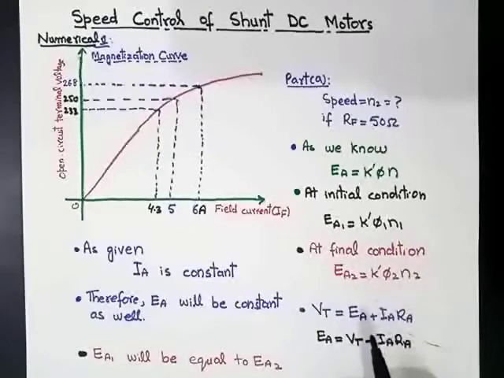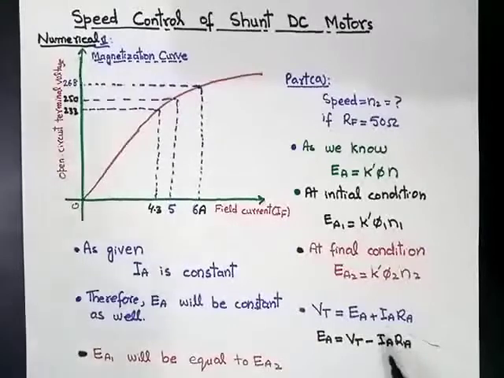As we know, the terminal voltage across the armature is equal to EA plus IA into RA. Here the value of the internal generated voltage will be EA is equal to VT minus IA into RA.